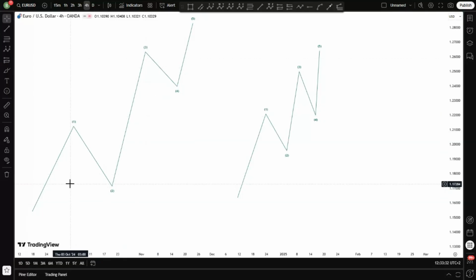So in this case, we said the characters of an impulse wave: it has to respect the parameters. For one, the start of wave one has to be respected by the retracement of wave two. And then we said wave three will never be the shortest wave among the five.